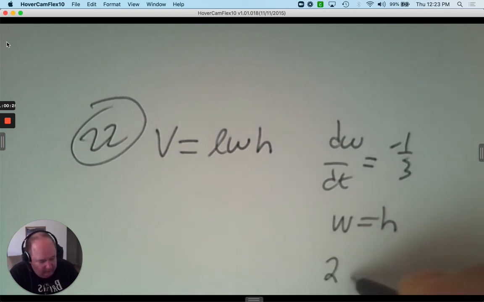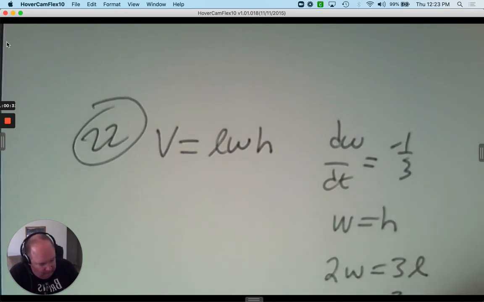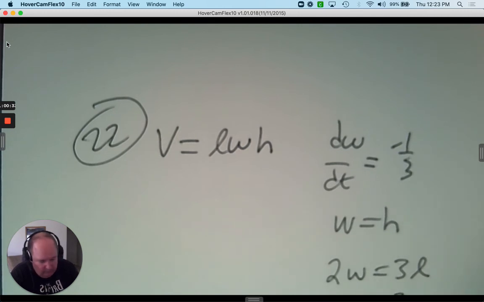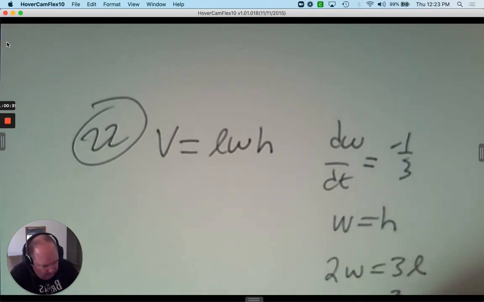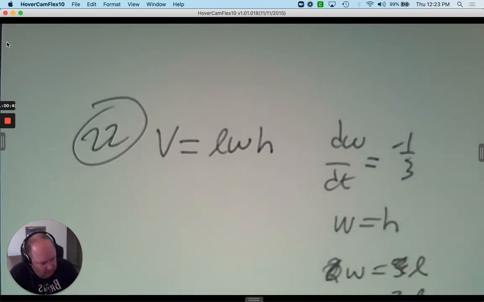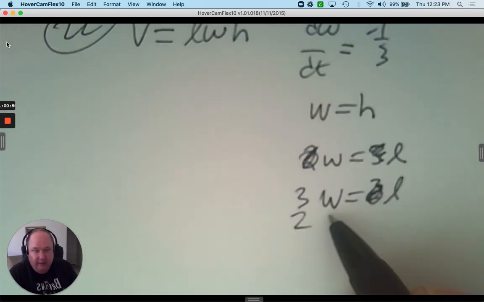And then the length is 3 over 2 times the width.